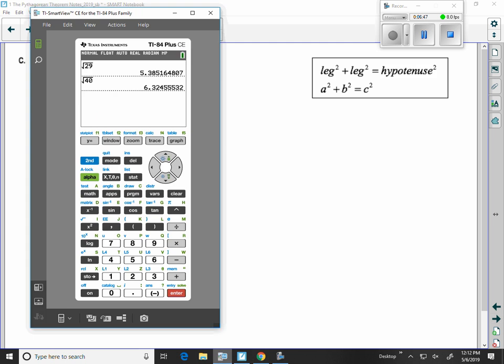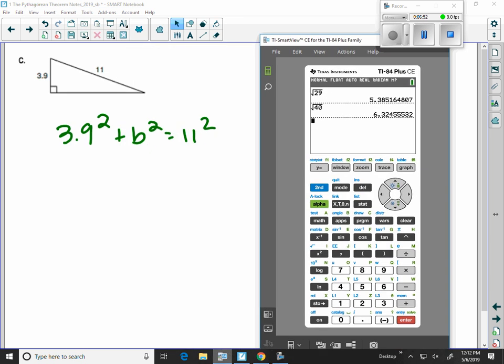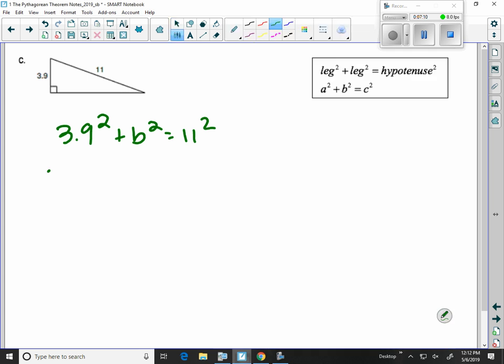We're going to get 3.9 squared, and 15.21. Do you remember what 11 squared is?